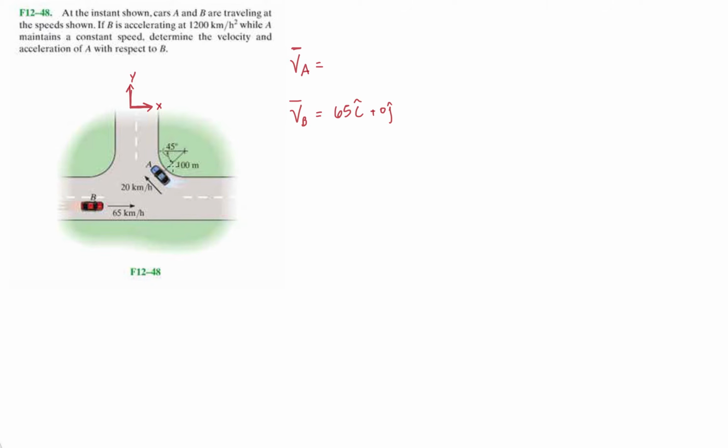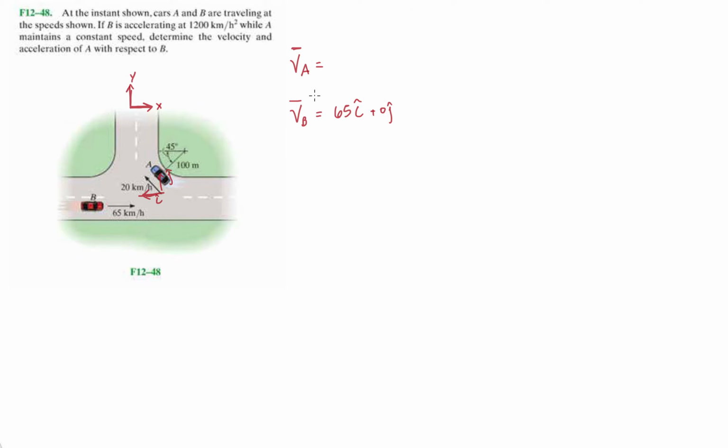And then VA, a constant speed of 20 kilometers per hour, but it's at an angle. So I want to make sure that I break this into the X component, or let's say the i component, and the j component. It's a 45-degree angle, so that makes it even easier.